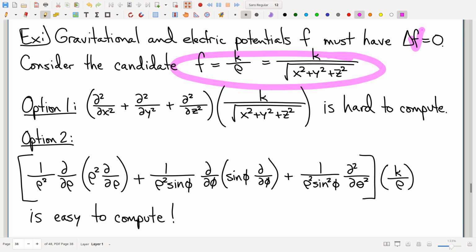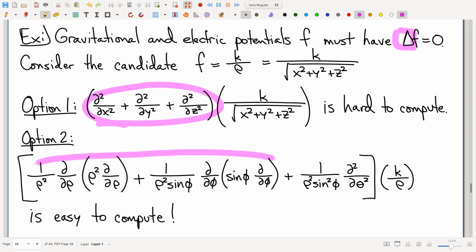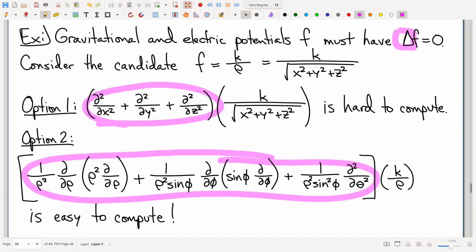Looking kind of tempting. So how do we confirm that this does what I claim it does? Well, it's a brute force situation. We've got to take our Laplacian here, which again, you can either think of rectangularly or you can think of spherically, take your pick, choose wisely.